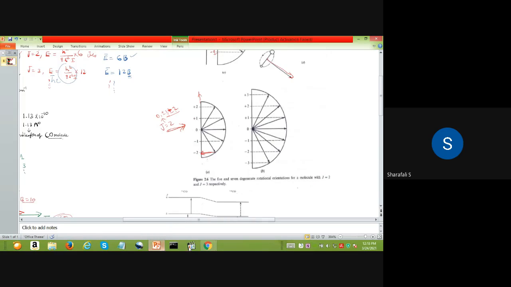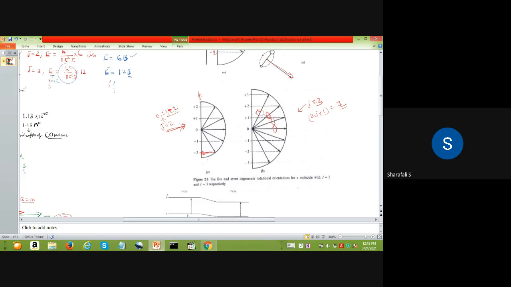molecules, when you have that rotational effect. And this is for the j equal to 3 case. So they will have 2j plus 1 equal to 7. Seven values are possible, so 7 degenerate states are there. That is nothing but the direction of angular momentum corresponding to those particular rotations. So in this case the rotation can be like this, or like this, or like this.